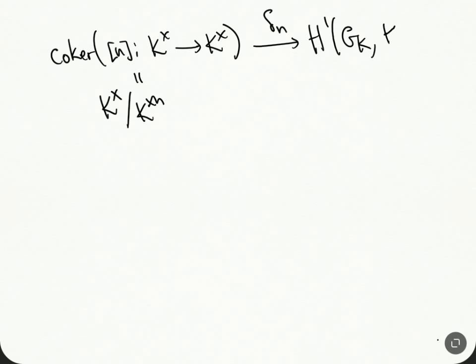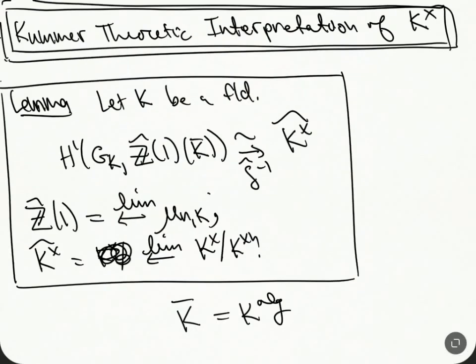This should be mu n of K bar. And this is an isomorphism. All right, now what do we have? So now we have this isomorphism between this and this, and we're almost to the end of the statement.